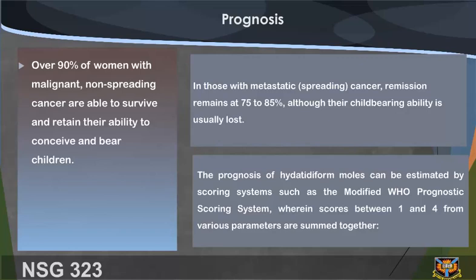In those with metastatic spreading cancer, remission remains at 75 to 85%, although their childbearing ability is usually lost. The prognosis of hydatidiform moles can be estimated by scoring systems such as the modified WHO prognostic scoring system, wherein scores between 1 and 4 from various parameters are summed together.